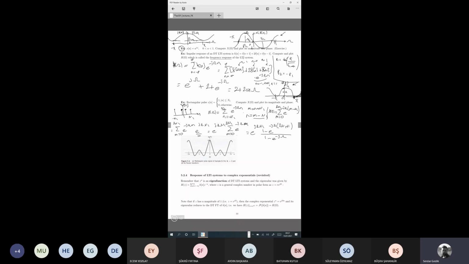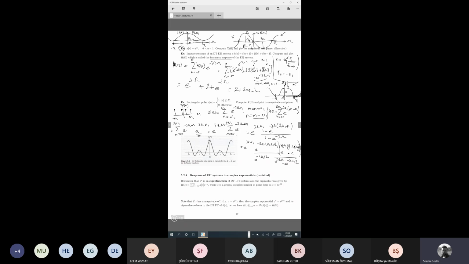So if you factor out e^(-jωN1) and e^(-jω/2), what you have is this: e^(jω(N1+1/2)) minus e^(-jω(N1+1/2)), over e^(jω/2) minus e^(-jω/2).